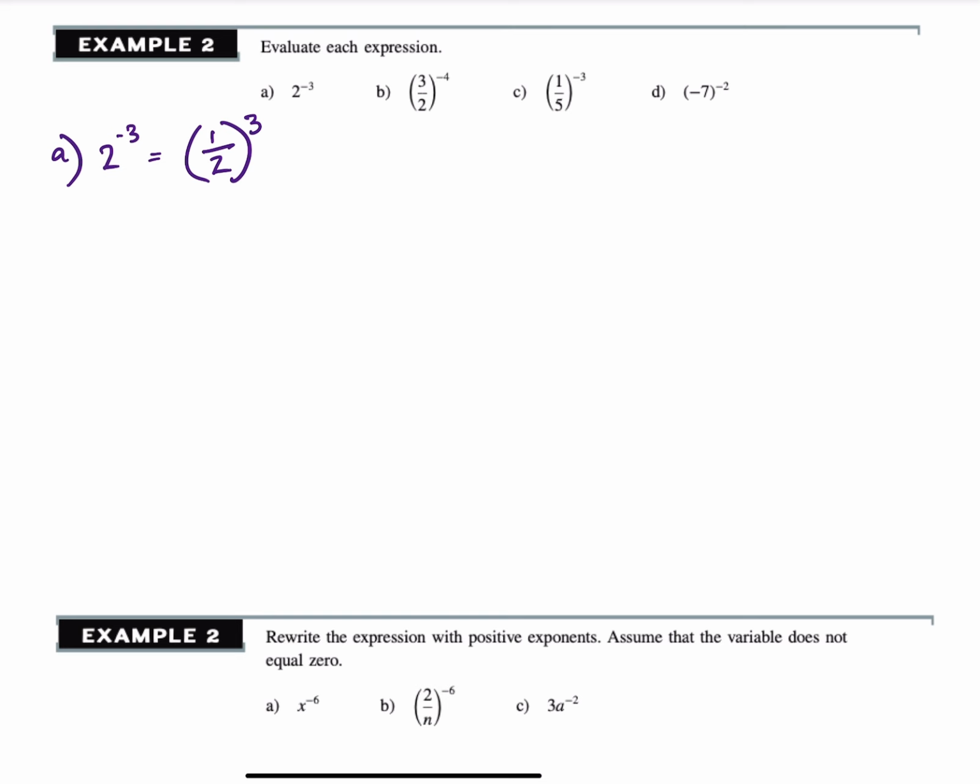So it flips the fraction. We can view that as like a 2 over 1. And we saw previously that the third power applies to the numerator and the denominator. So 1 cubed over 2 cubed. 1 cubed is 1, 2 cubed is 8.